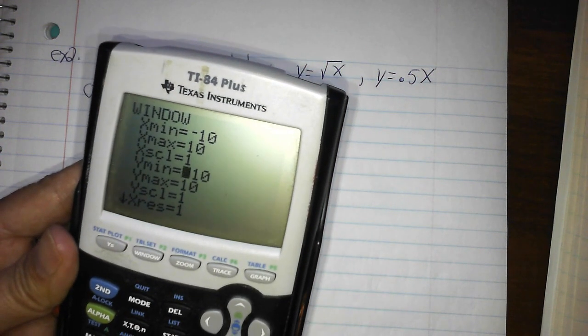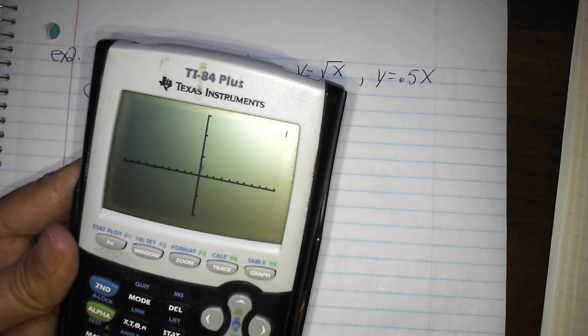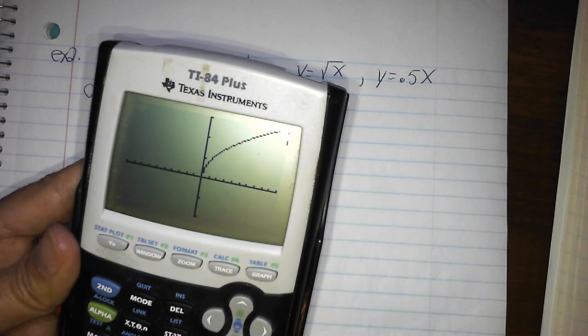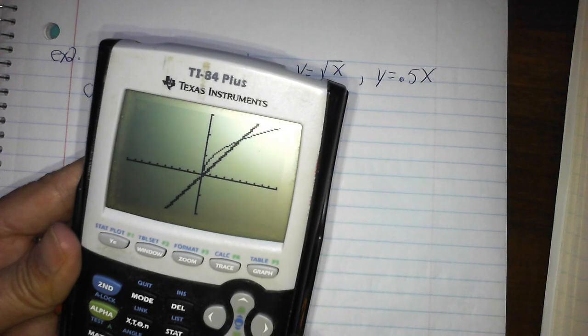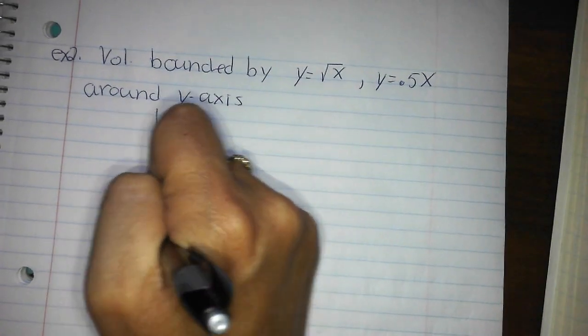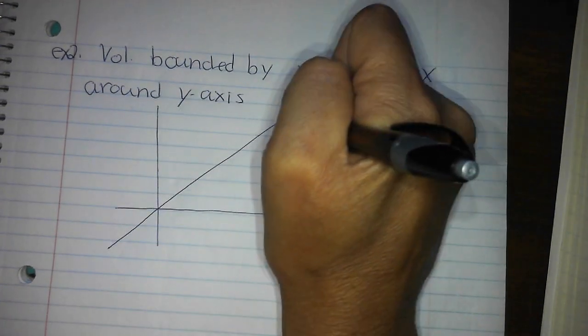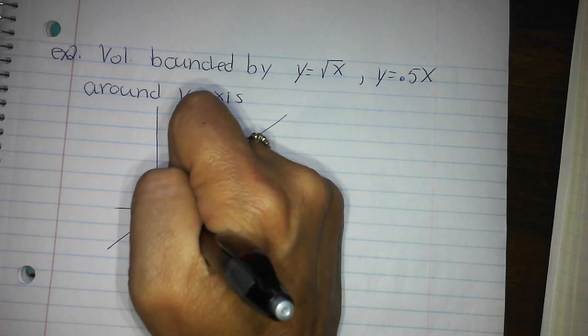So if I go like -2 to 3, see what I get. Okay, that's there. So a line that's going through the origin, and then this square root graph starts at the origin.